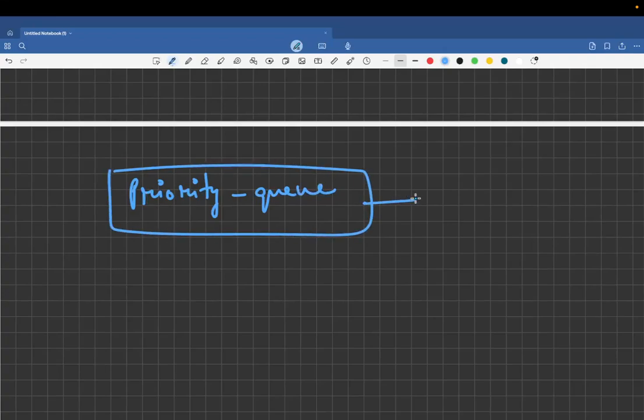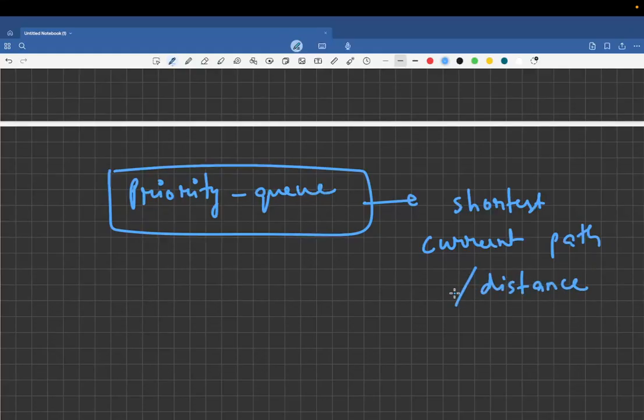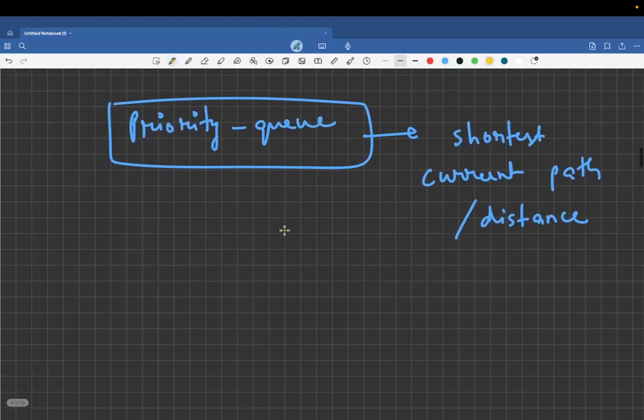to get the shortest current path or distance basically. In earlier questions, whatever we have discussed till now, we were required to find the shortest path, but instead of maintaining a priority queue, if you remember and if you have watched the video, we were using a simple queue.